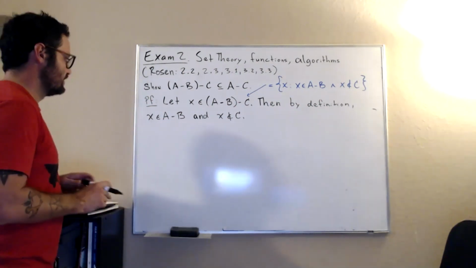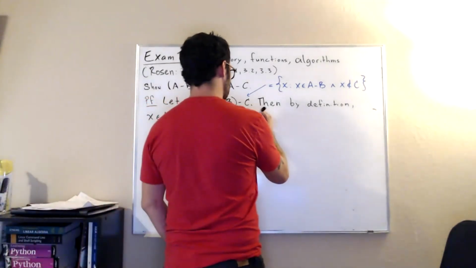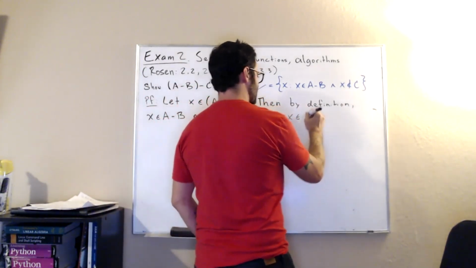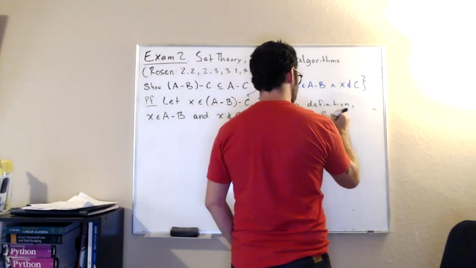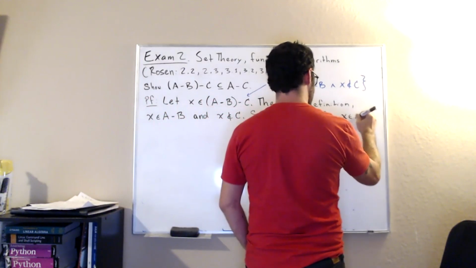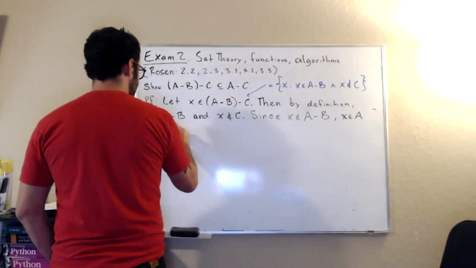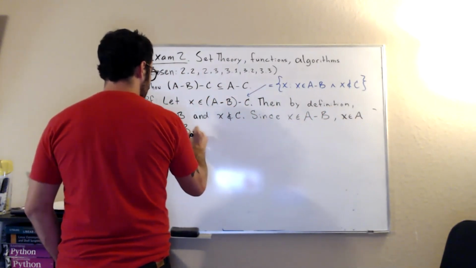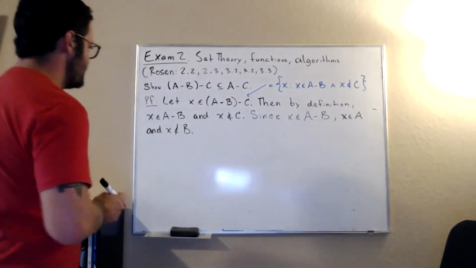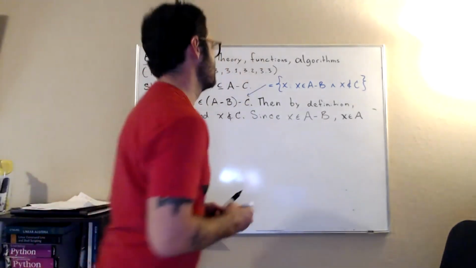So in particular, from this part here, since x is in A set difference B, x is in A and x is not in B. Okay, so in particular, x is in A, right?